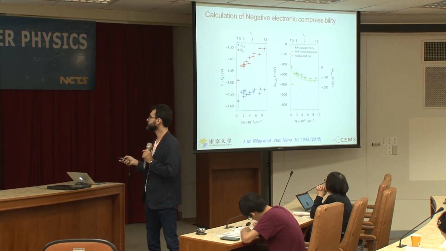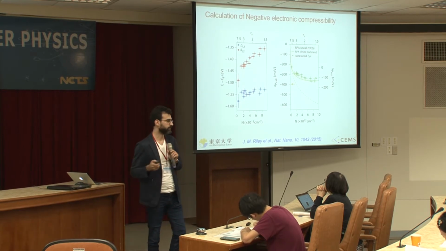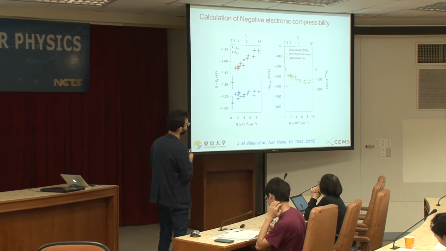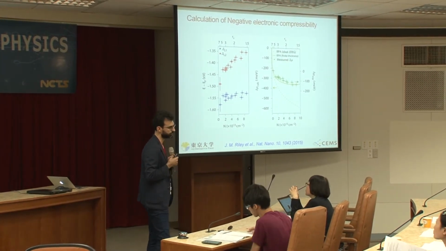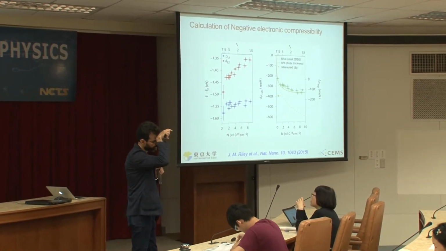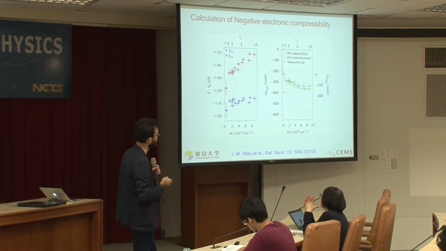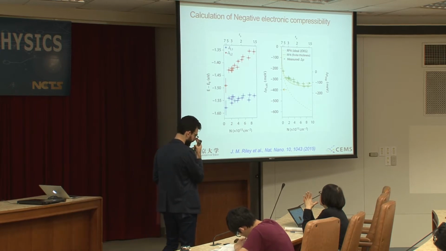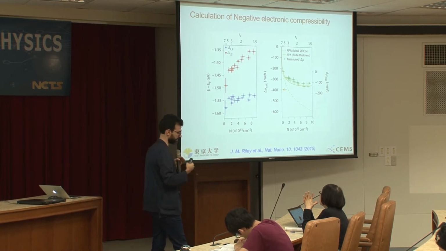So you see that if we just consider an ideal two-dimensional electron gas, then the agreement is not that good. We need to consider a finite thickness, and for this finite thickness, we need to apply the RPA definition. Otherwise, it's not possible. So this indeed shows that the thickness of the electron gas plays an important role.